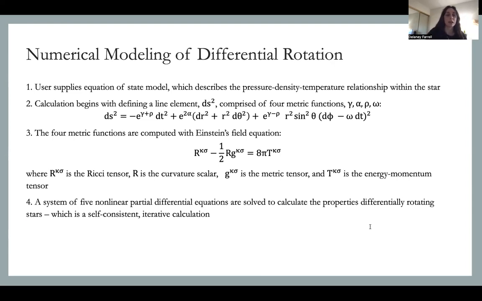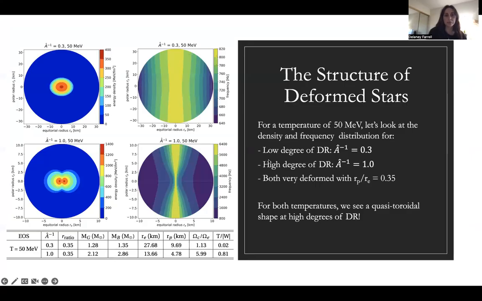It's comprised of four metric functions that we solve for using Einstein's field equation. This boils down to a system of 5 nonlinear partial differential equations that are solved in a self-consistent iterative fashion. Once these are solved for, they're used to calculate bulk properties of the star, like its mass and radius.